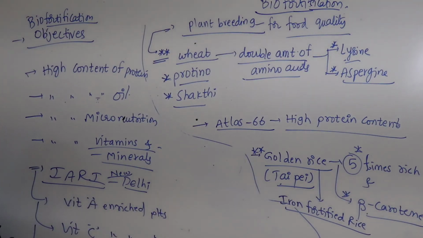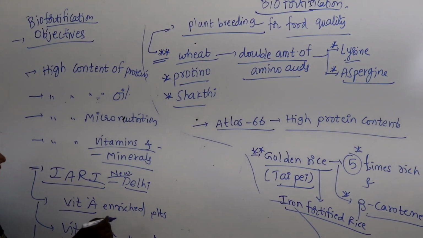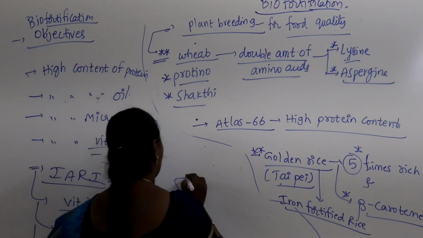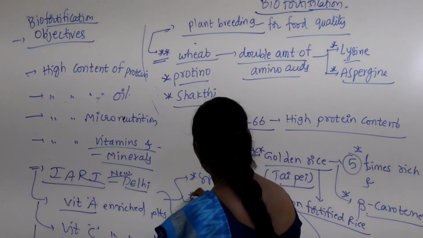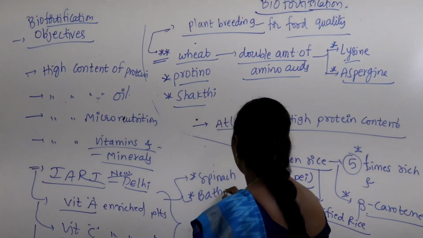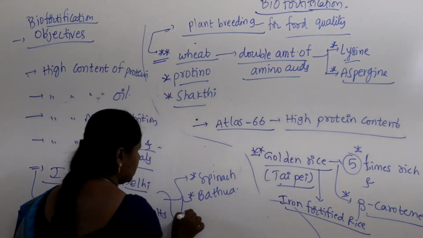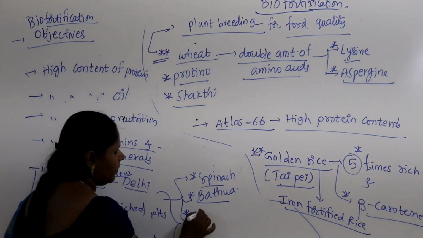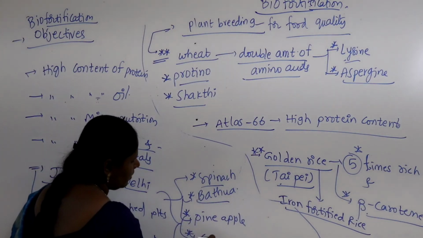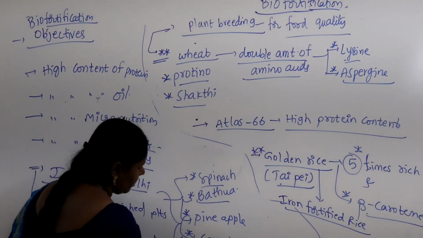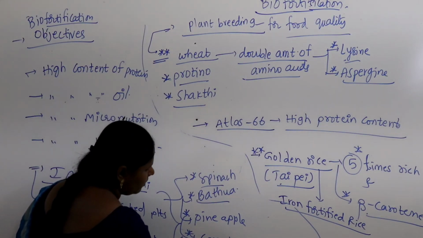Right. Apart from this, you can take calcium and iron. They have already succeeded in producing plants like spinach, bathua, and even pineapple, carrot, beetroot, right?